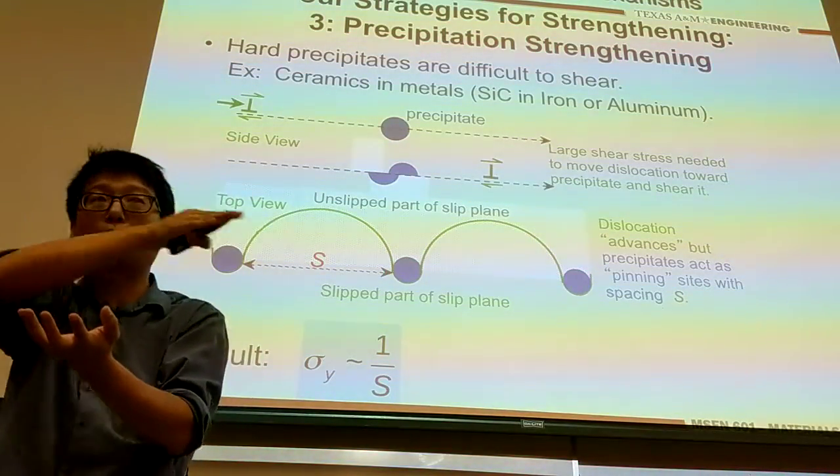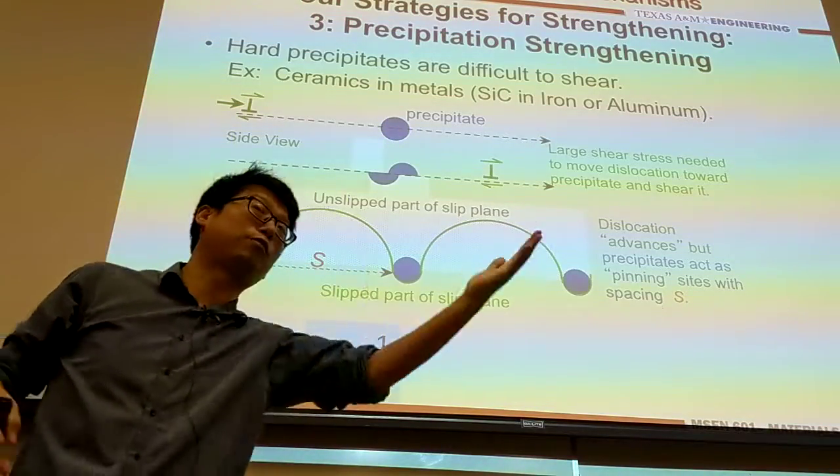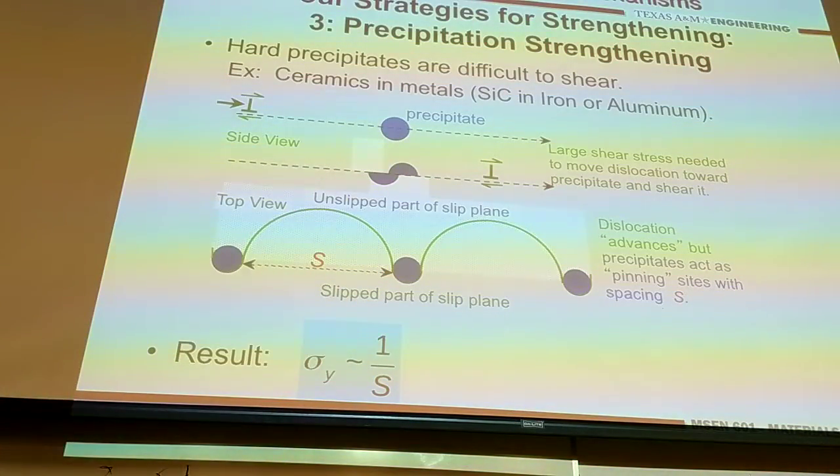You need to break bonds and reform, break bonds and reform. But this is very, very hard. It means you need to apply a very large shear stress to generate such deformation in a ceramic. In metal, it's easy, because of those dislocations. But this is very hard for ceramics.